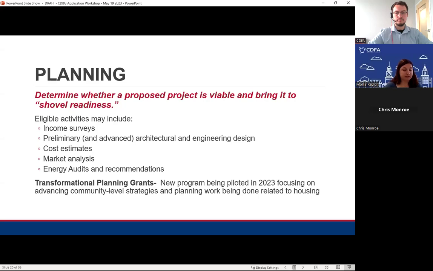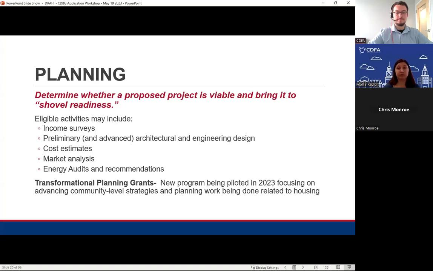So applicants need to design and implement studies which can be completed within a 12-month period. So again, the planning activities that we typically fund are meant to last for a year or less, and really be preliminary activities that hopefully lead to a viable project down the road.